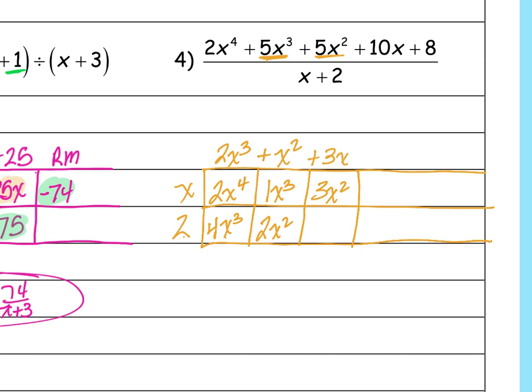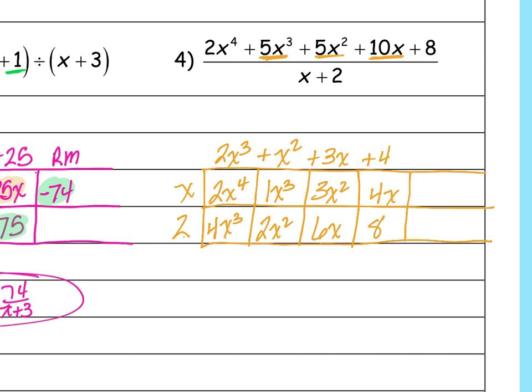And 3x times 2 is 6x. What do I add to 6x to get 10x? 4x. Beautiful. Okay. And x times what gives me 4x? Plus 4. And 4 times 2 is 8.